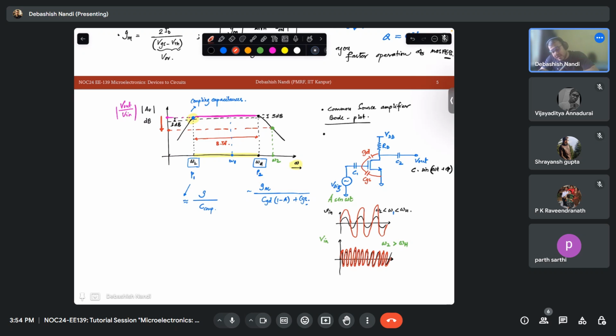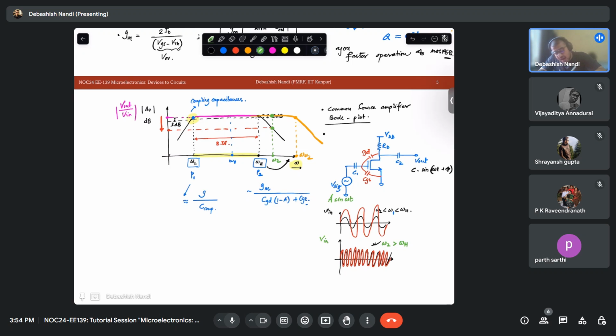So if I can push my omega H beyond this, then I can say that this is also an acceptable frequency for me. In other words, if my output curve is something like this and my omega H2 is somewhere here, then this frequency is falling in the mid band range and my gain is intact.